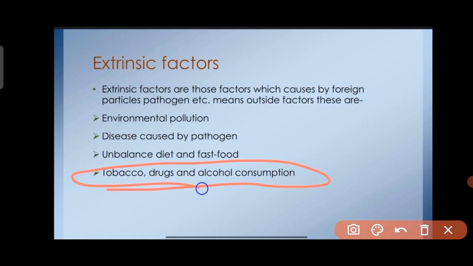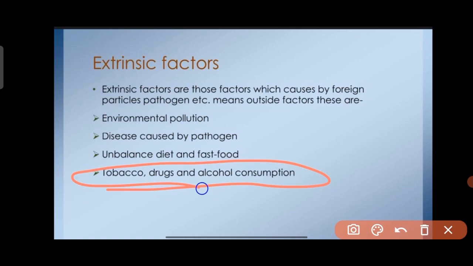Extrinsic or external factors also include unhealthy diet, disease-causing germs like bacteria, viruses, fungi, pollution in the environment, unhealthy lifestyle, etc. Extrinsic factors include environmental pollution, and you are all well known about environmental pollution. Then disease caused by pathogens such as bacteria, fungi, viruses, unbalanced diet, and fast food.